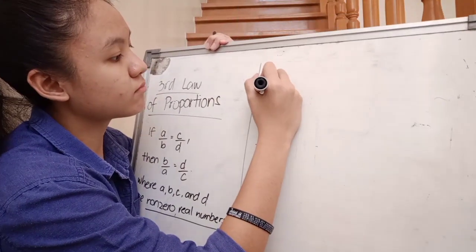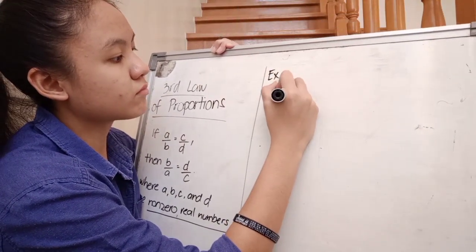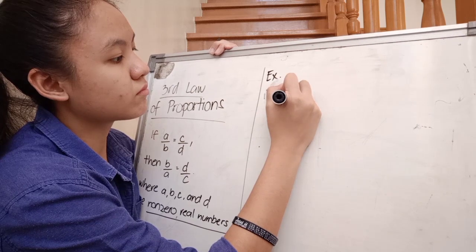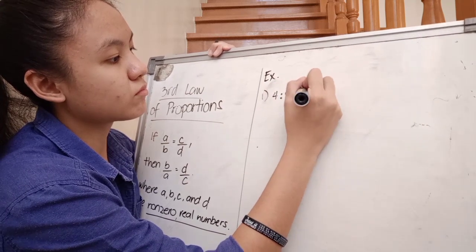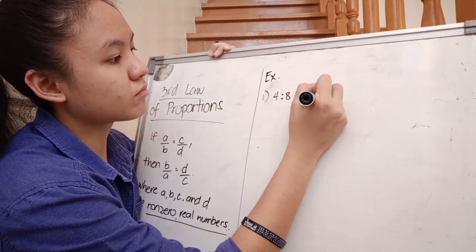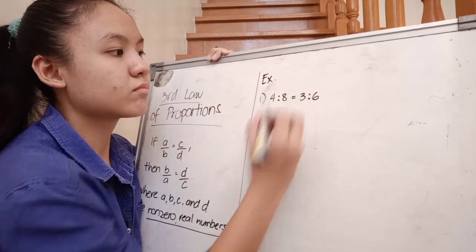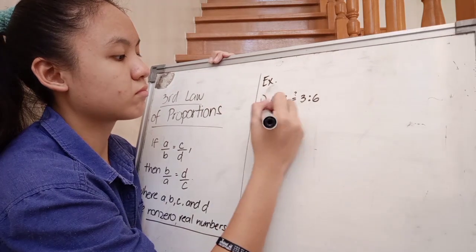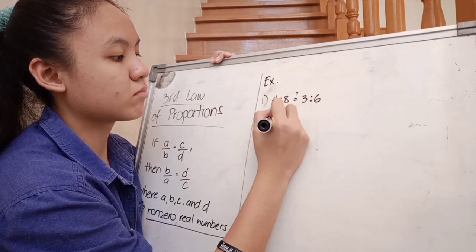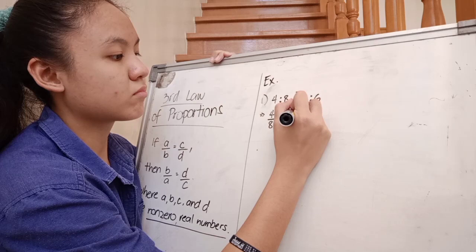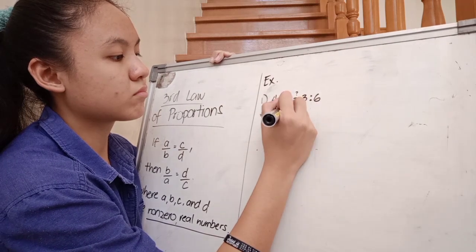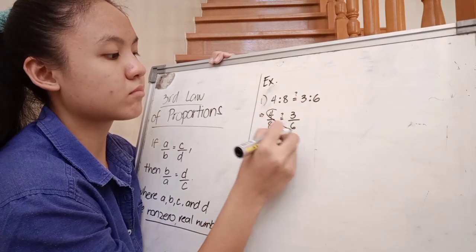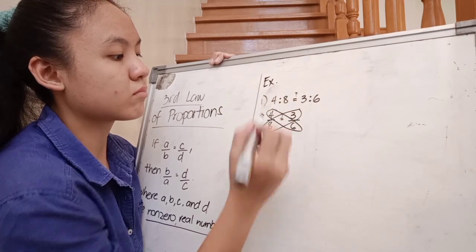In example, our first example, 4 is to 8 is equal to 3 is to 6. So we convert it into fraction, which is 4 over 8 equals 3 over 6. Cross multiply.